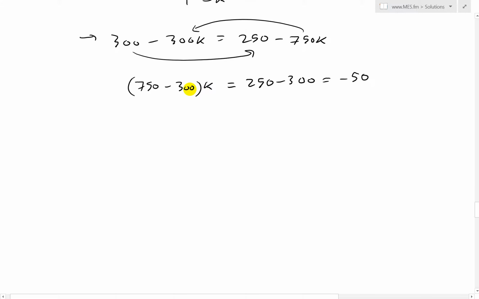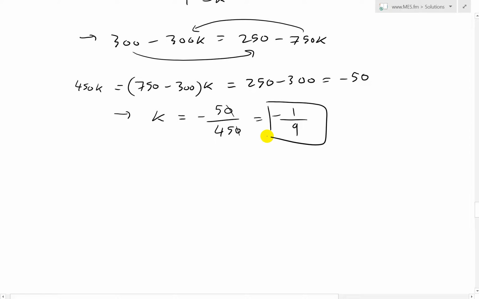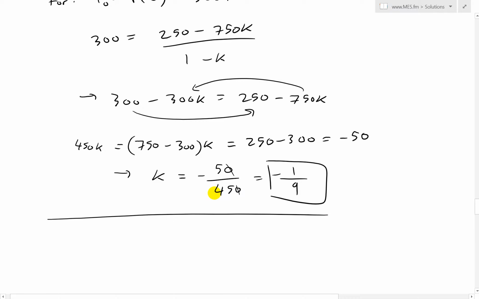And then on this side, 750 minus 300, that's just 450K. So K equals, divide the 450 out, negative 50 over 450, the zeros just cancel. 5 goes into 45 9 times, so this equals negative 1 over 9. Like that.